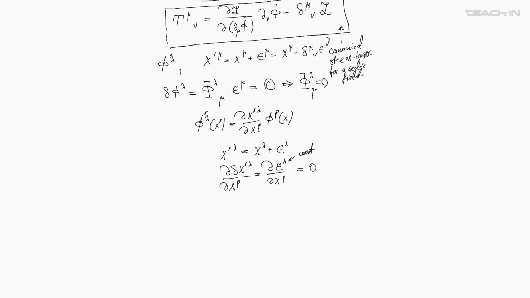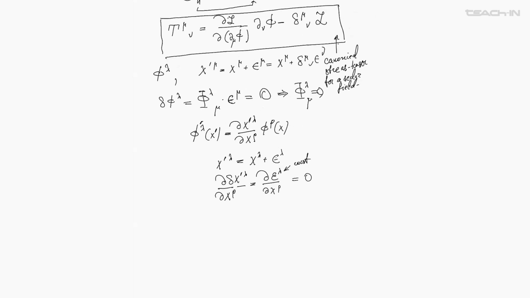Therefore, from here we see that the stress energy tensor for a vector field will have a similar form to what you had for the scalar, except now you have to sum over vector components.